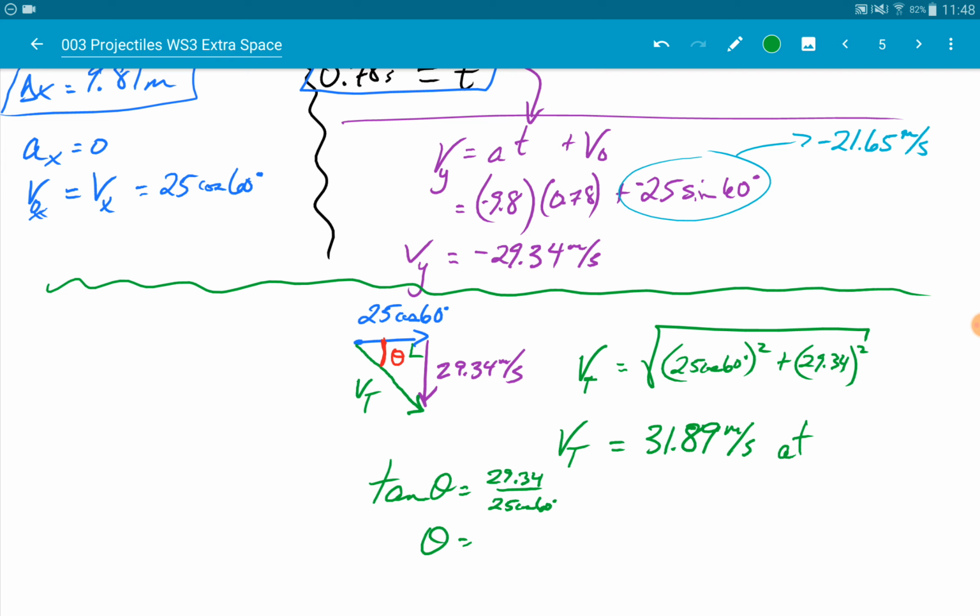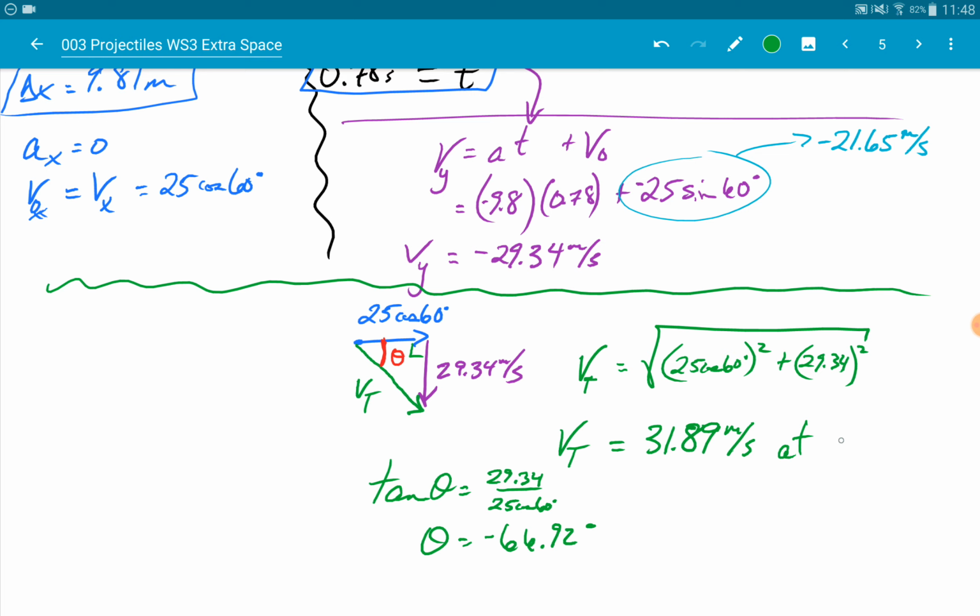So I get the theta over on the other side by doing the inverse tangent. I take the 29.34 divided by, don't forget parentheses for the 25 cosine of 60, and I get negative 66.92 if you put it in as these positive values. And I expect it to be negative as we're measuring clockwise down from the positive x-axis there, and that is the negative direction.